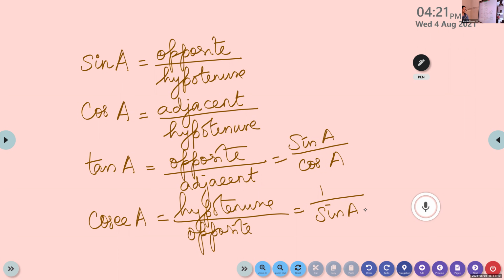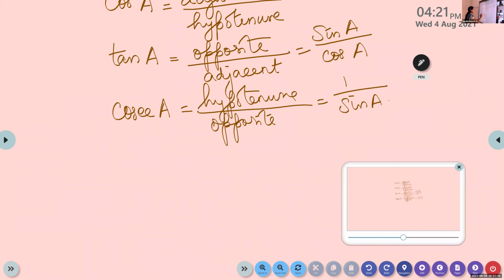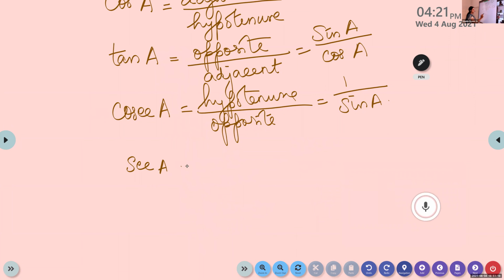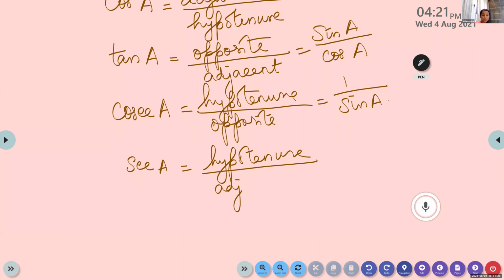Cosec is 1 by sine. Next is sec. Sec is hypotenuse by adjacent, which is the same as 1 by cos A.